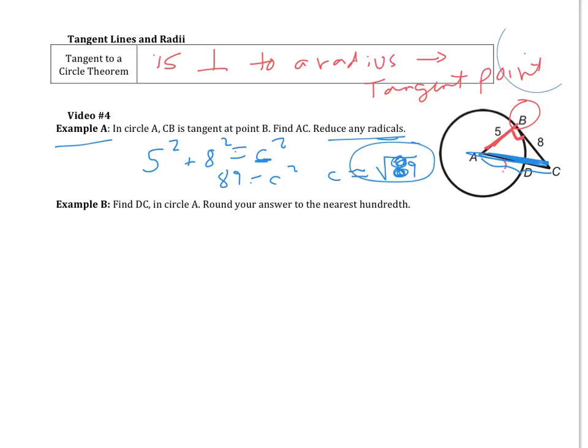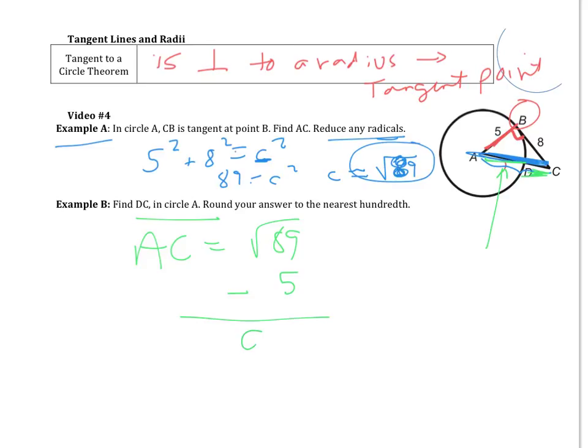We cannot simplify that. For example B, it says find DC. So now they want you to find just this little segment here, this piece of AC. Now we've already got AC is the square root of 89. And to find this, notice we should be able to tell something about AD very quickly. AD, of course, is a radius. So if I subtract that radius length from this one, I will definitely get my answer.